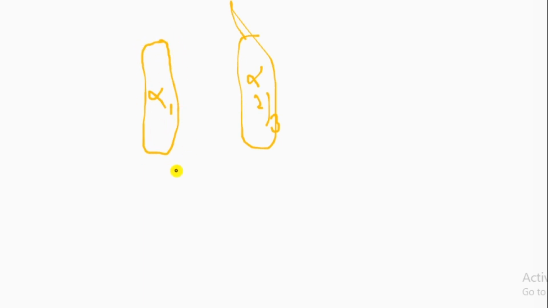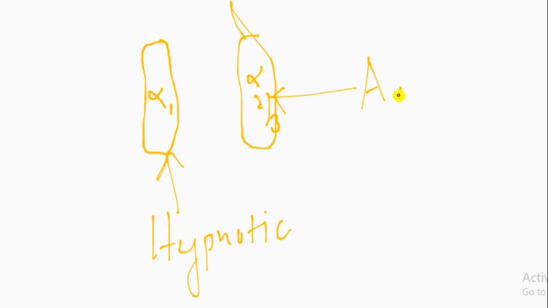If the GABA A receptor has the alpha 1 subunit, it promotes a hypnotic effect, and if the GABA A receptor has the alpha 2 or 3 subunit, it has an anxiolytic effect.